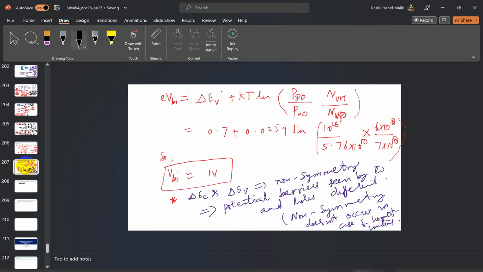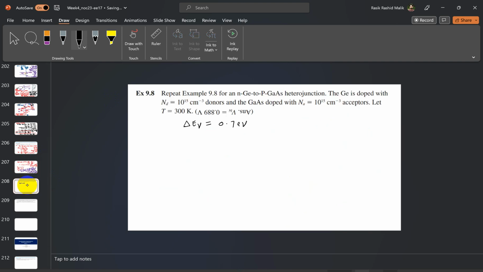We need Pn0, and Pp0 will be already given. So Pn0 will be simply Ni square and the doping of donors on that side.